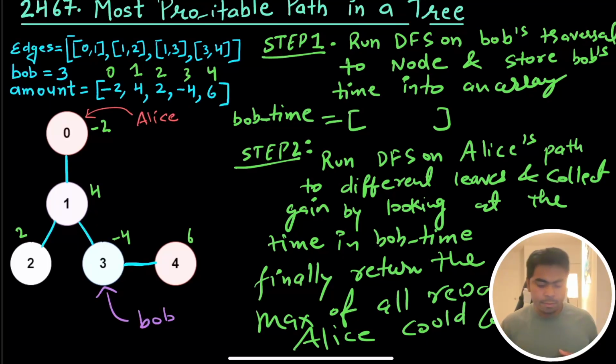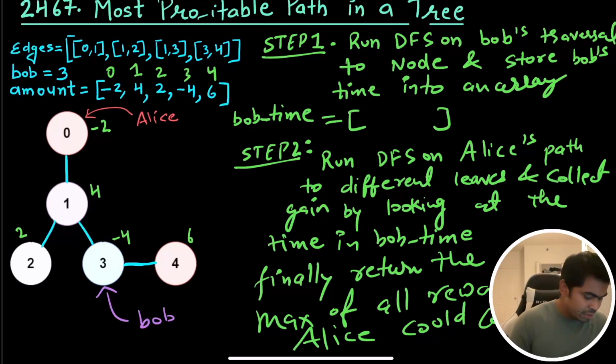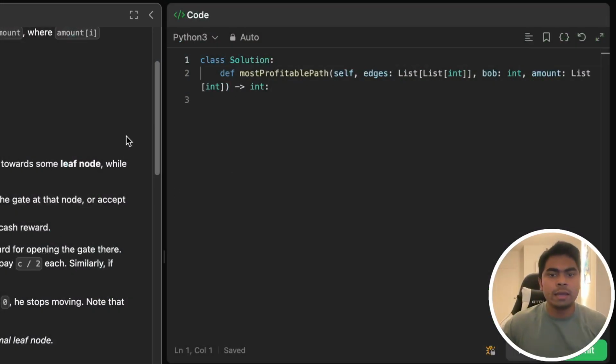I'm not going to write the pseudocode here because it's really long, but we can definitely dive deep into it. It's not a crazy problem, it's just a lengthy solution. If I write it, it's going to be very straightforward, and we'll cover everything in detail.